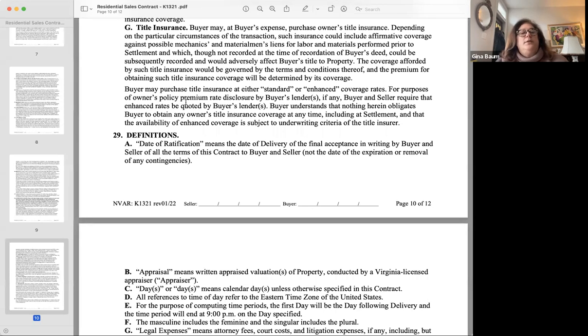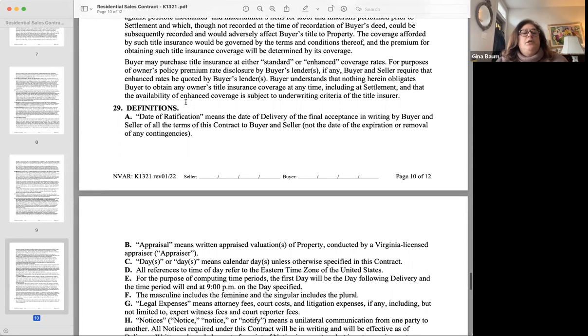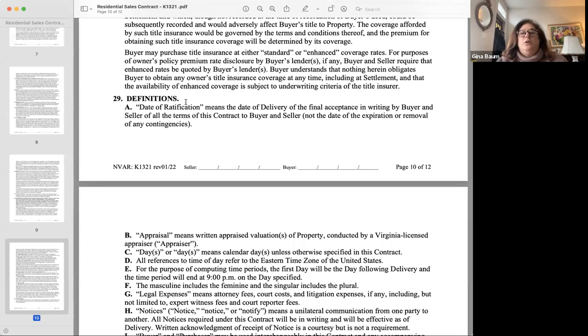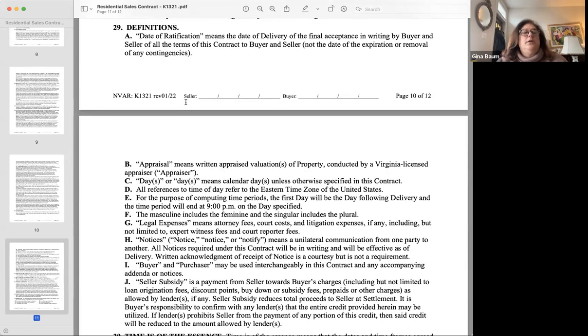The coverage afforded by such title insurance would be governed by the terms and conditions thereof, and the premium for obtaining such title insurance coverage will be determined by its coverage. Buyer may purchase title insurance at either standard or enhanced coverage rates. So basically, you can get whatever level of title insurance you deem necessary.